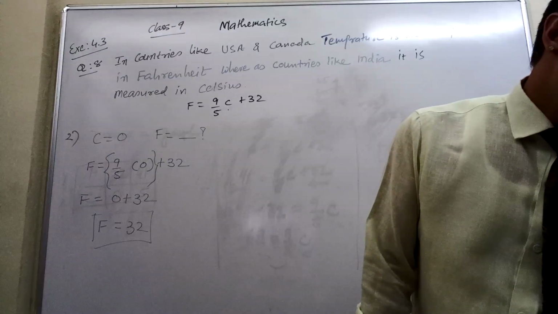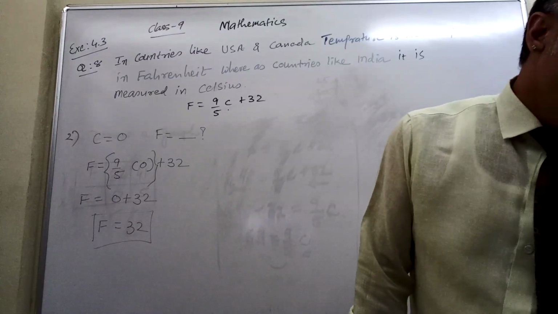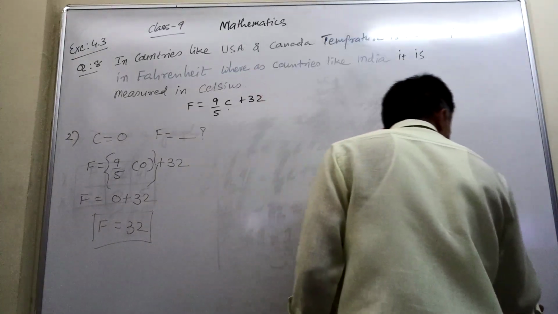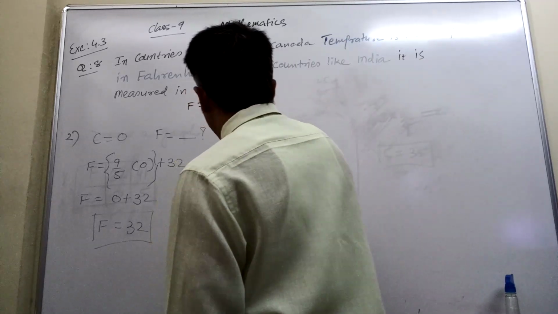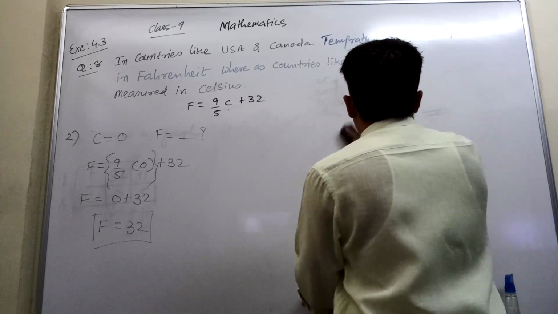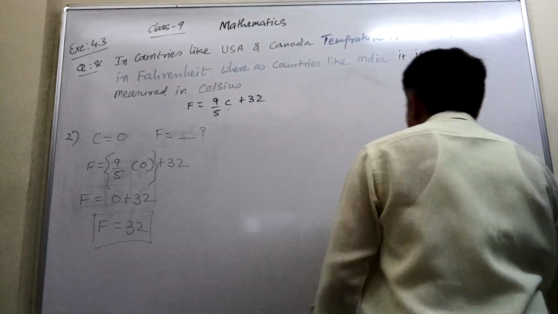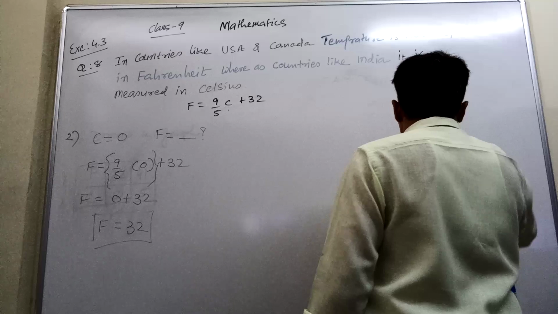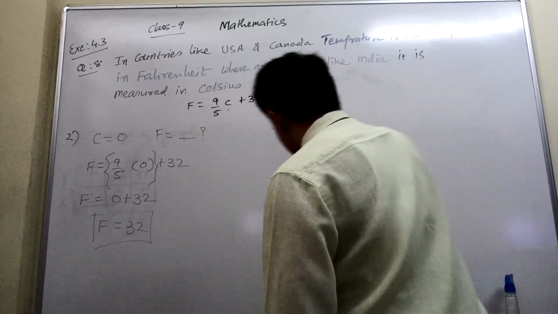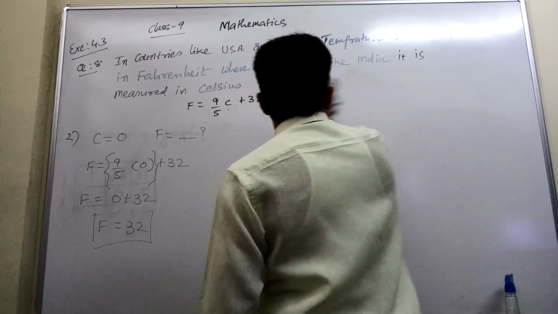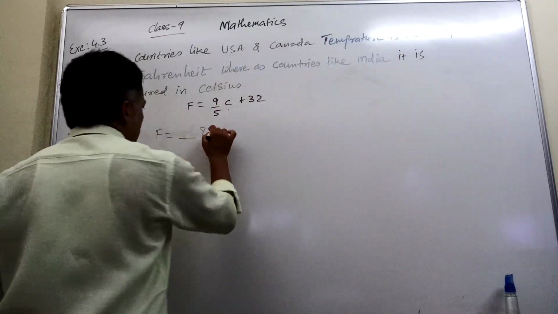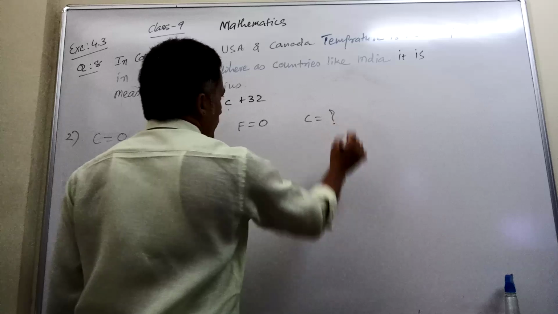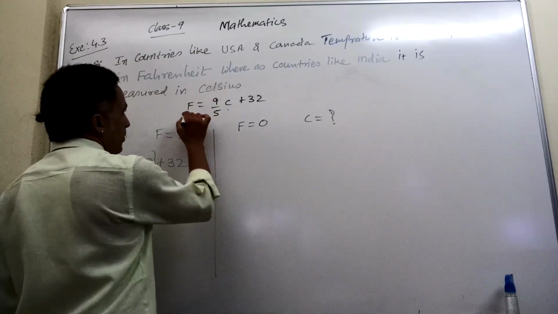Now, when Fahrenheit is 0, we will substitute 0 in the place of F. F is equal to 0, we need to find the value of C. So here, in the place of F, I am putting 0.